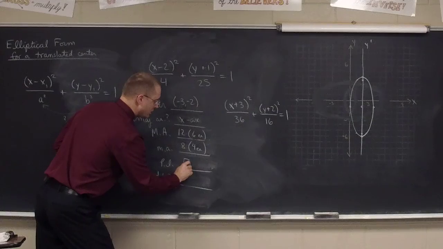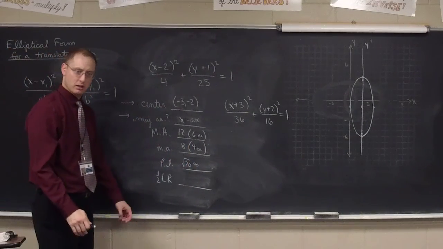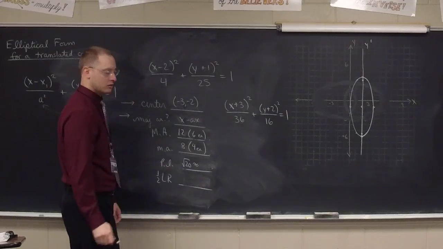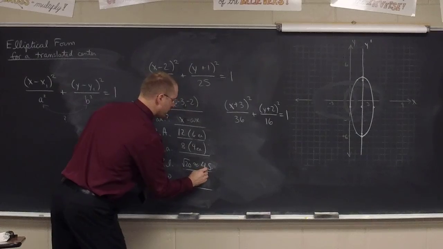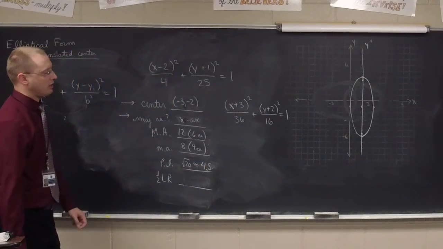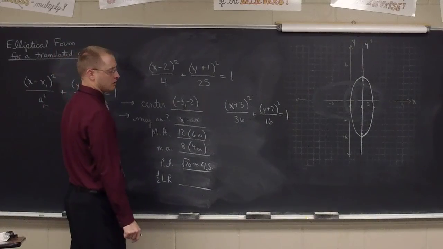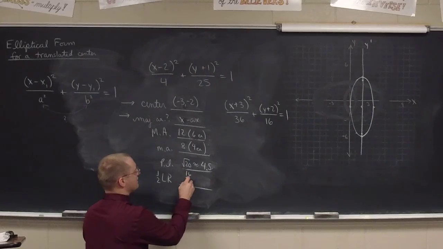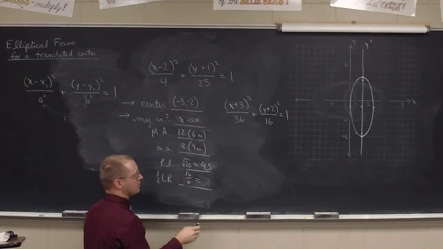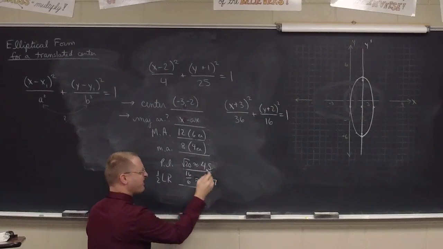Square root of 20, which is, let's see, 4.6 was square root of 21, so 4.5 for square root of 20? Yeah, 4.5. And then latus rectum length, b squared over a. Fraction first, 16 over 6, which becomes approximately, stay with me, 2 and 2 thirds, so 2.7-ish.